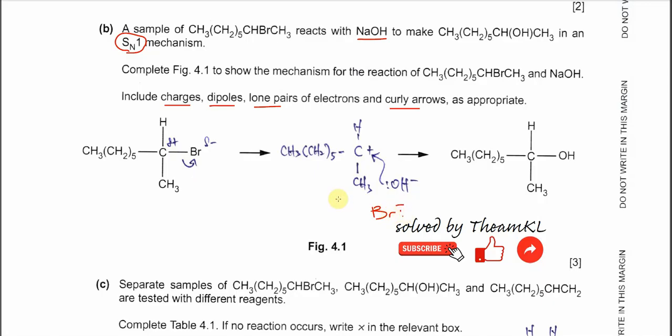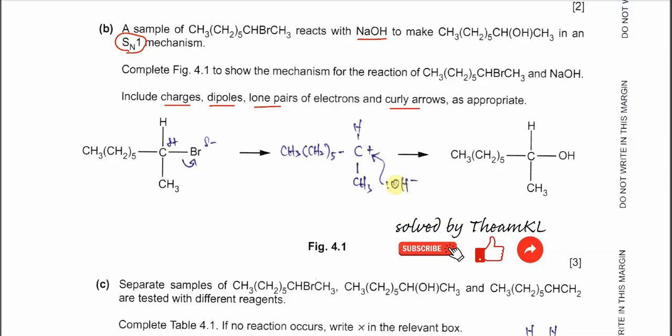After that, it will form this intermediate, this carbocation. Because the C-Br bond breaks and the carbon is now electron deficient, it is positively charged. To draw this carbocation, 1 mark. And you need to draw the hydroxide, because the hydroxide now donates electrons to the carbocation.